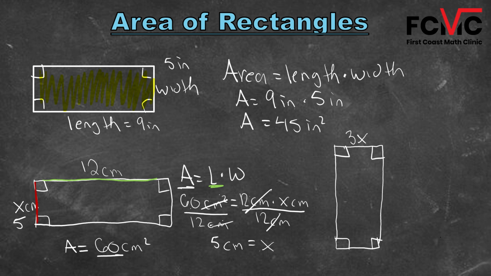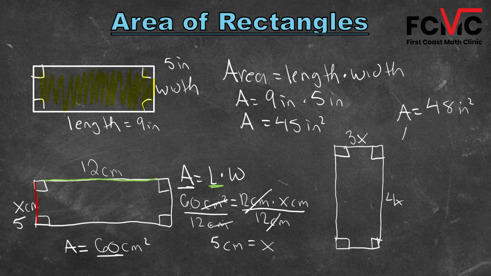So let's say we've got maybe 3x and 4x for our length and our width, and our area is 48 inches squared.